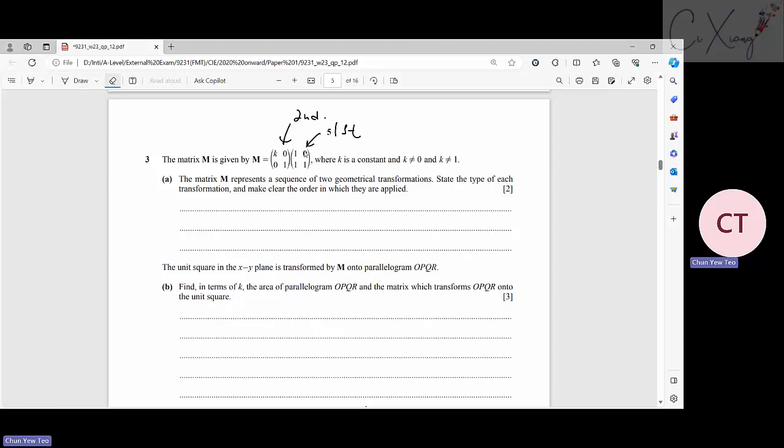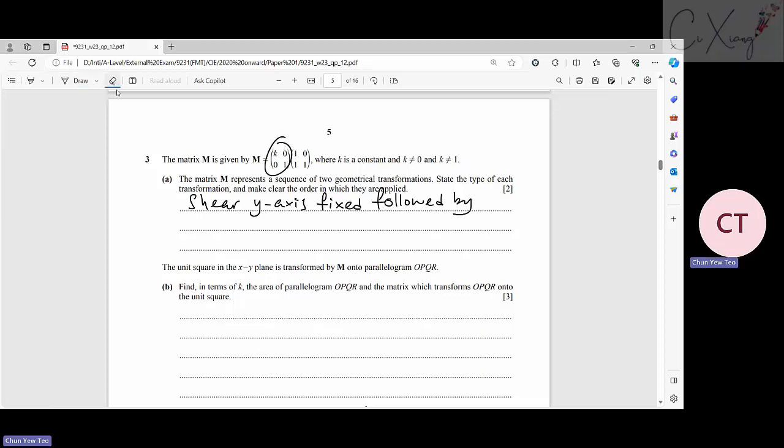So for the first one, you just need to refer to the specific matrix over here. So this matrix is representing shear. So you just mention that it's a shear along the y-axis with the y-axis fixed. Okay, sorry. This one is supposed to be a shear with the y-axis fixed, followed by this one.